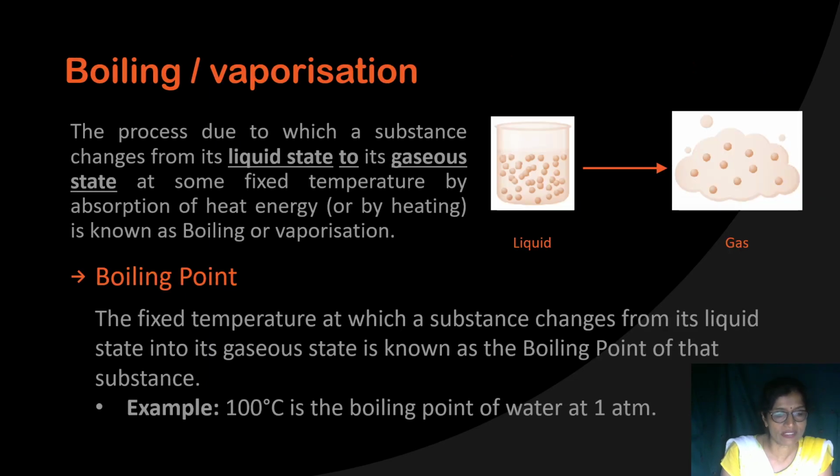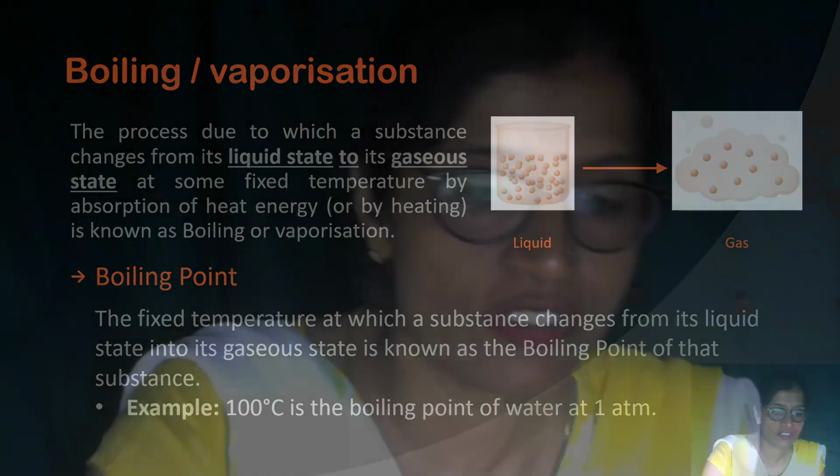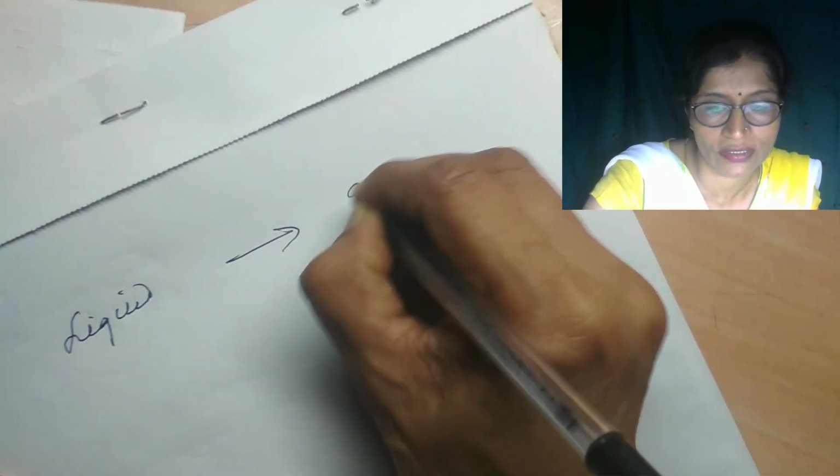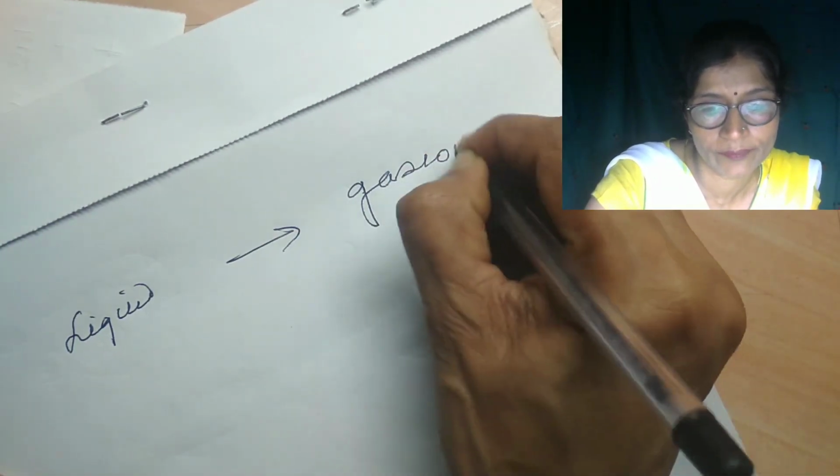Now next we will discuss in detail about boiling or vaporization. During boiling, what happens? Boiling is a process in which the substance changes from liquid state to gaseous state.